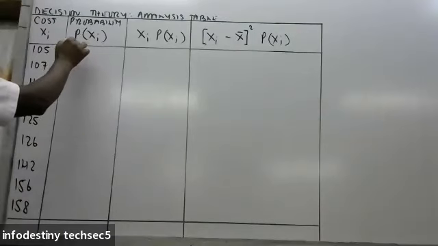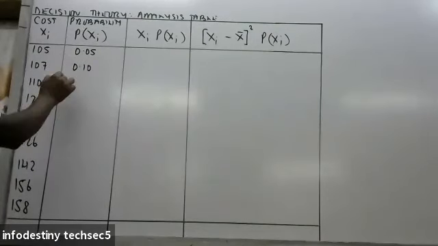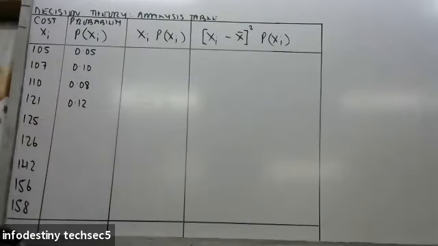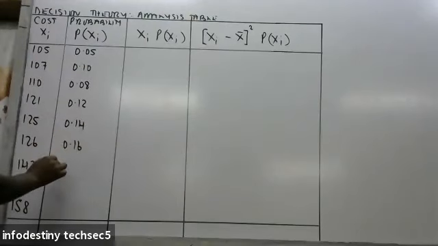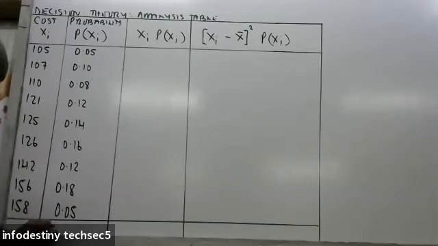The probabilities are 0.05, 0.10, 0.08, 0.12, 0.14, 0.16, 0.12, 0.18, and 0.05. This should add up to 1.